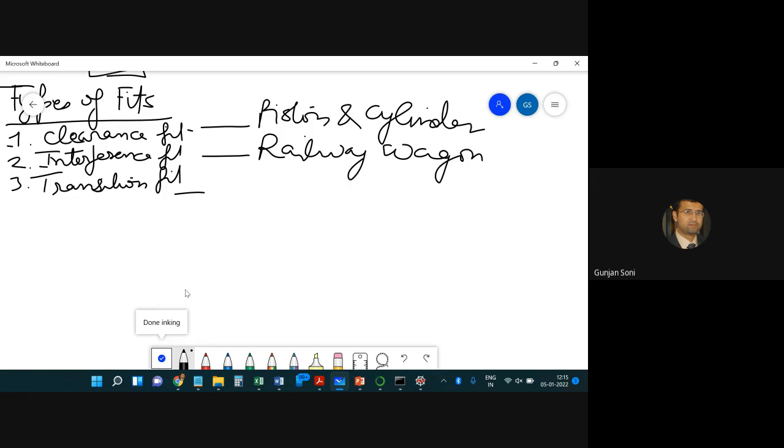Write it in the chat box. Give one example from your day-to-day life. Clearance fit, interference fit, and the transition fit. None of you are giving.